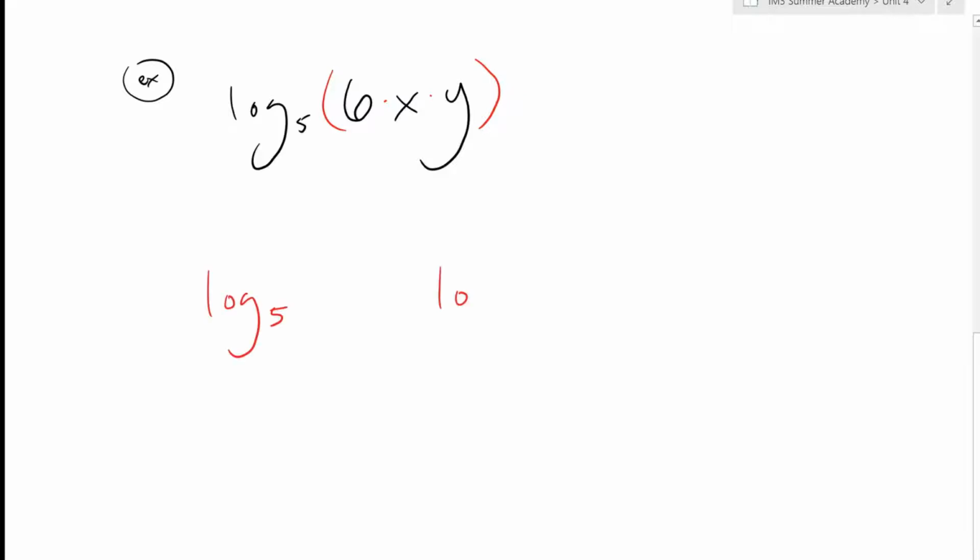So I'm going to write it as 3 logs, all with the same base of 5. Multiply, multiply, multiply. So those multiplies become addition here, because multiplication goes with addition. And then I'll split the pieces, 6, x, and y. So 6, x, and y. And there we go, fully expanded.